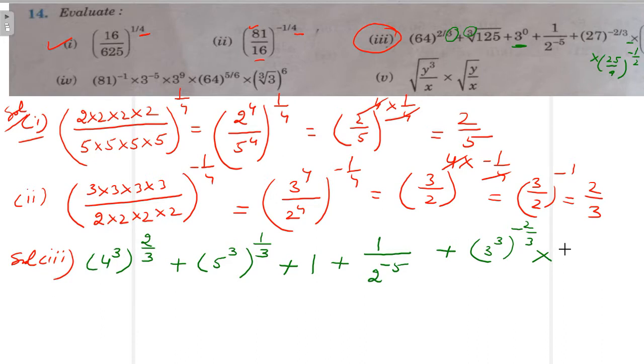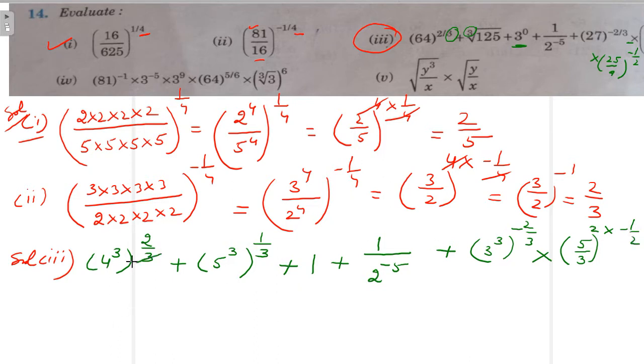After that we will write 5 5s are 25 and 3 3s are 9. So we can write it as 5 upon 3 raised to power 2, multiplied, whole raised to power minus.